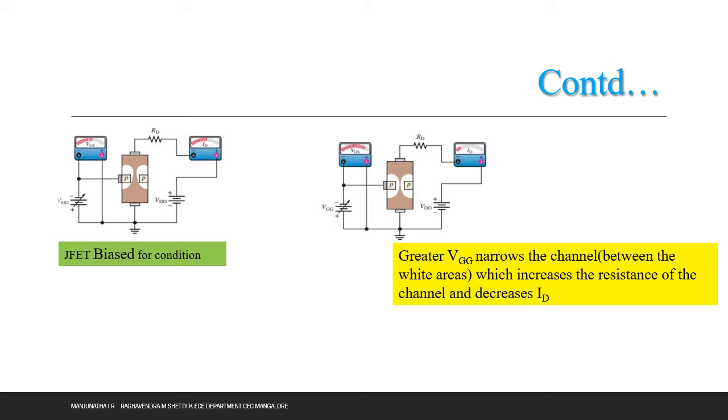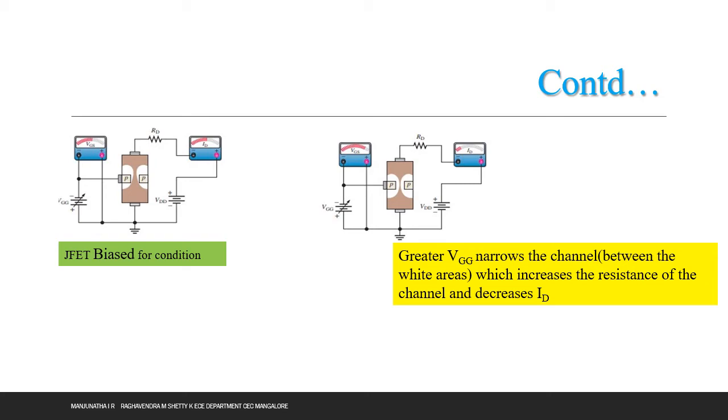Let's say minus 2 volts. Now when I increase minus 2 volts to minus 4 volts, more negative voltage, in this reverse biased condition the depletion region is affected. So the depletion width is going to increase.